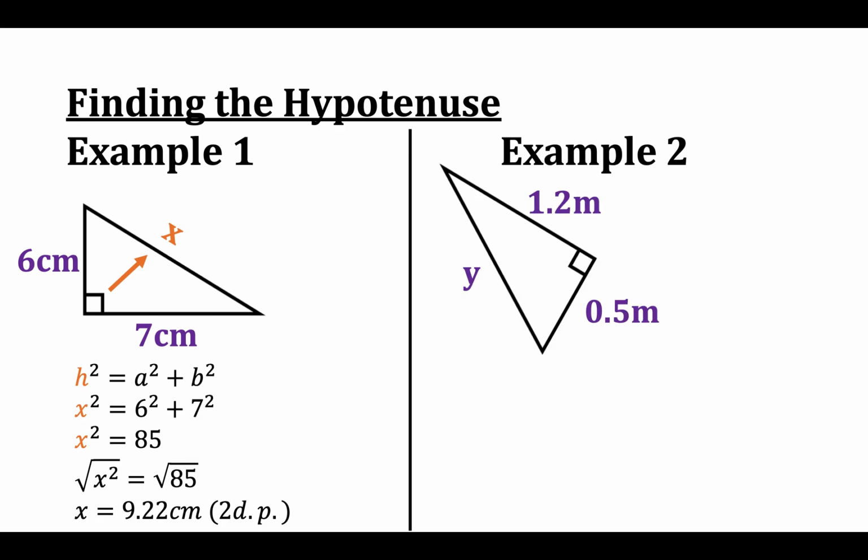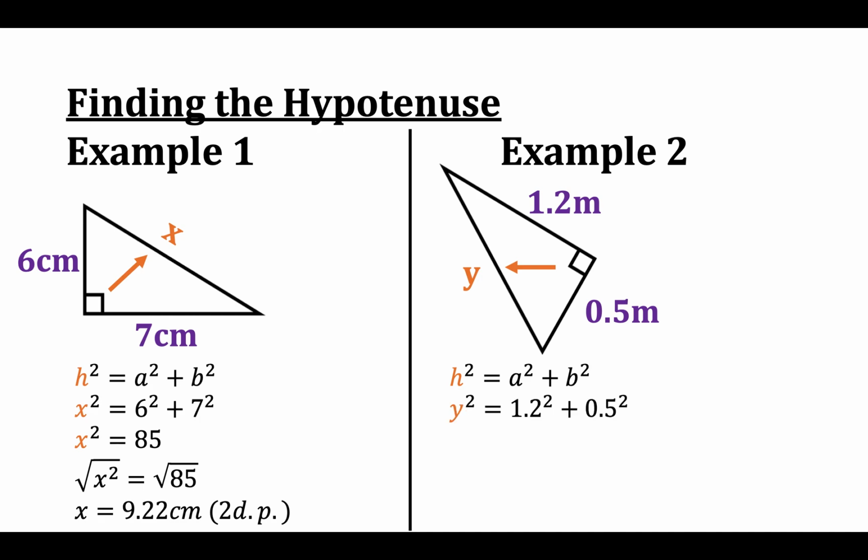Let's have a look at another example, or if you want to try this one, it would be a good idea for you to pause the video, go and try it, and then come back and see if you got the correct answer. So once again here, we know that we can use Pythagoras' theorem because we have a right angle. The hypotenuse opposite the right angle, in this case, is y.